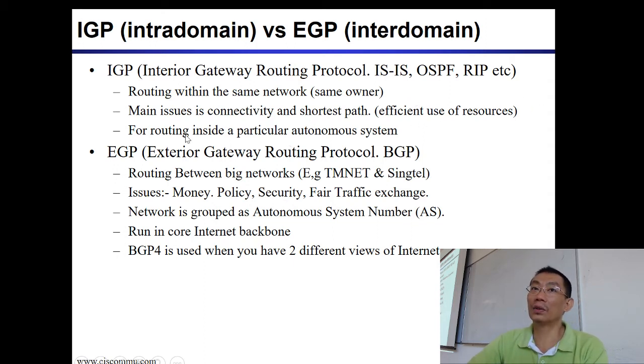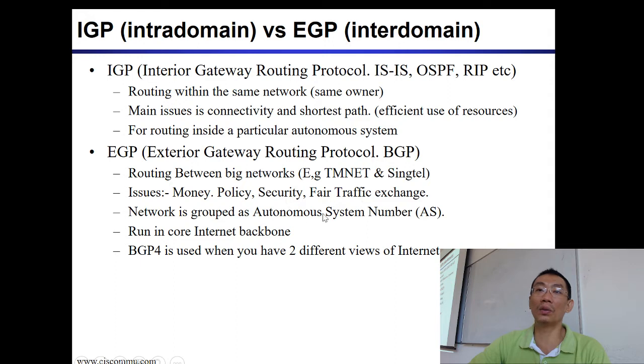This is routing inside a particular autonomous system. Then EGP is routing between networks, for example between TMNet and Singtel, two ISPs. The issues will be money, policy, security, fair exchange, traffic exchange. You might not feel it now, but later on you will see.